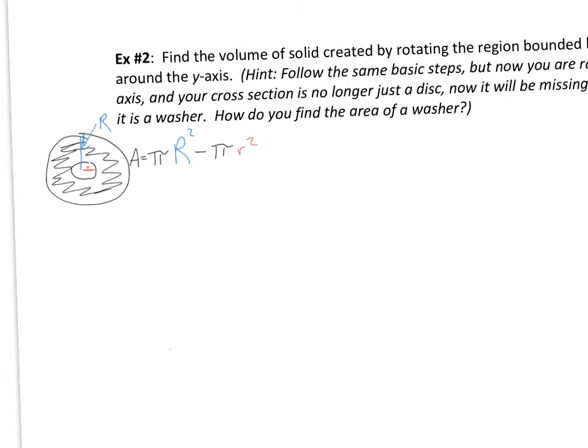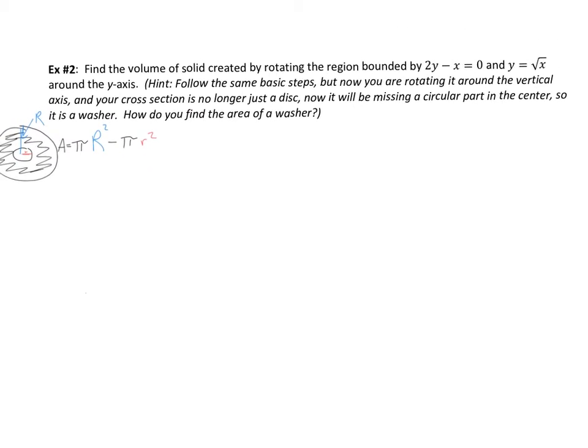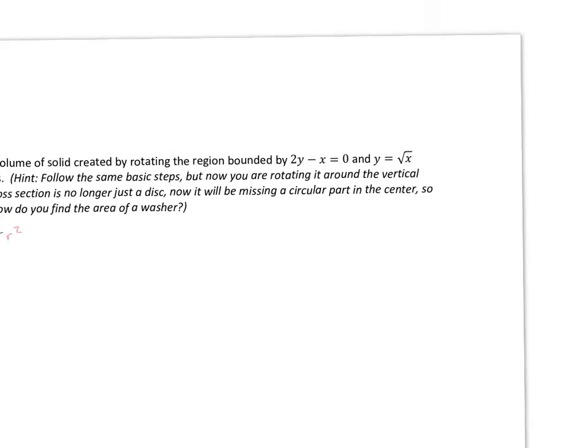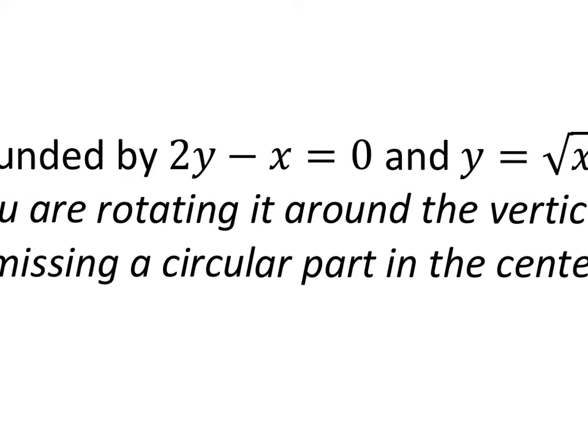Okay, well now that we have a formula for a washer, let's talk about what's going on specifically with this problem. We have two functions. The first one, if we wanted to get that to a form that we're used to graphing, I could mess with it a little bit. I'm going to make this the red one here.